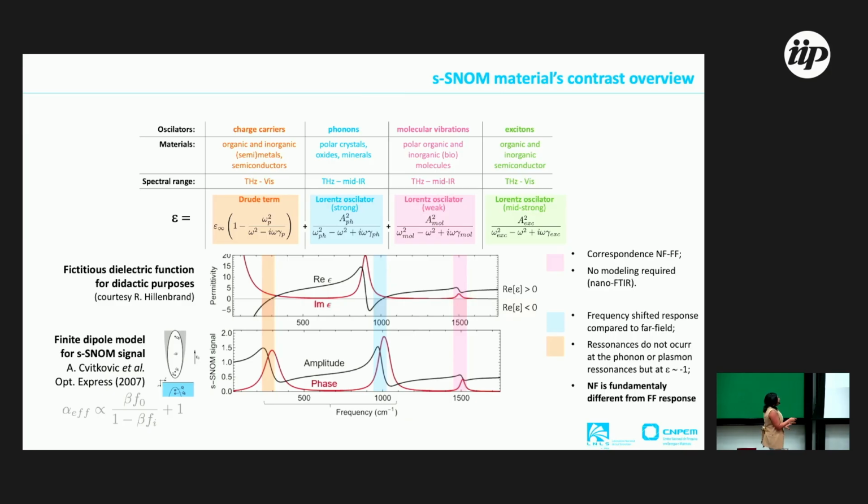For metals, for plasmonics, we can use the Drude model, and we can match the permittivity very well with the s-SNOM experiment. For phonons, for polar crystals, which we consider a strong oscillator, we know that there is a shift between the dielectric function and the experiment, but the community knows well about that, and we can use this model to explain it.